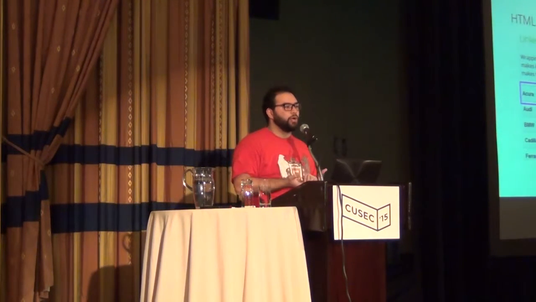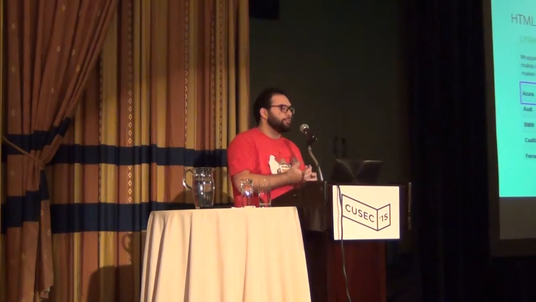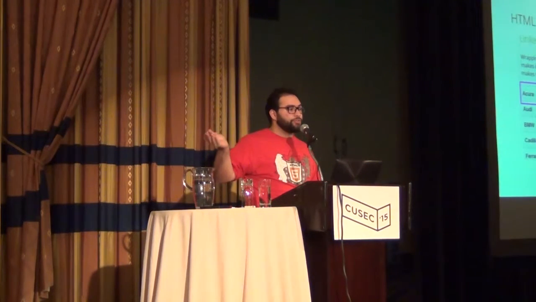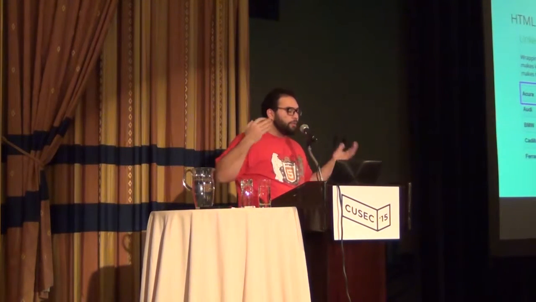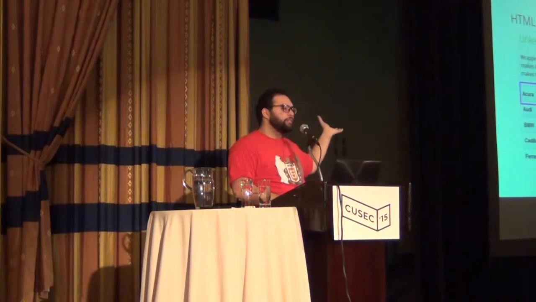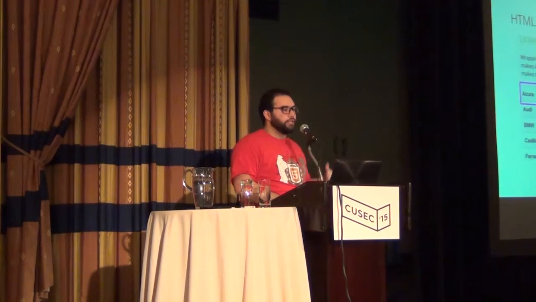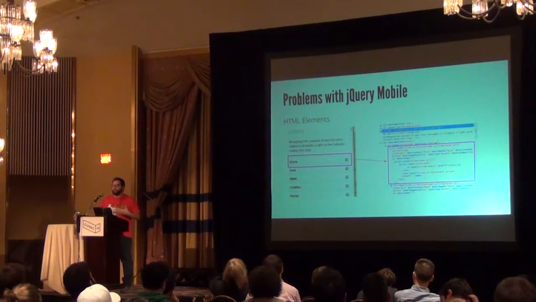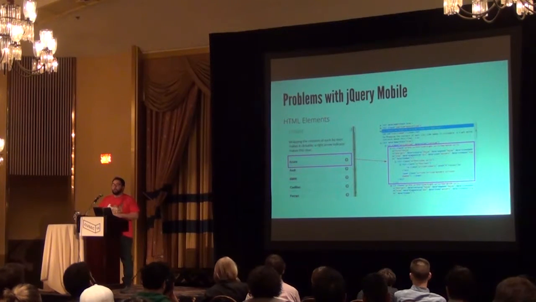That's simply the way that it works, and it works that way for a good reason, to be able to support multiple different browsers across different platforms. But fundamentally, on a mobile device, having so many elements just to create a simple list is just no good. We don't have that much processing power to handle this many elements in your HTML.